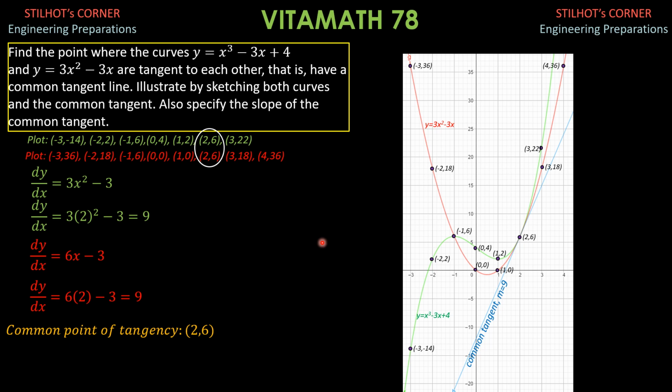So that's it for this problem. I hope that you understand the explanation and the solutions, especially for sketching these curves. It may be a rough sketch of the curve, but make sure that you can find the common point of tangency 2 comma 6 so that you can draw the common tangent.